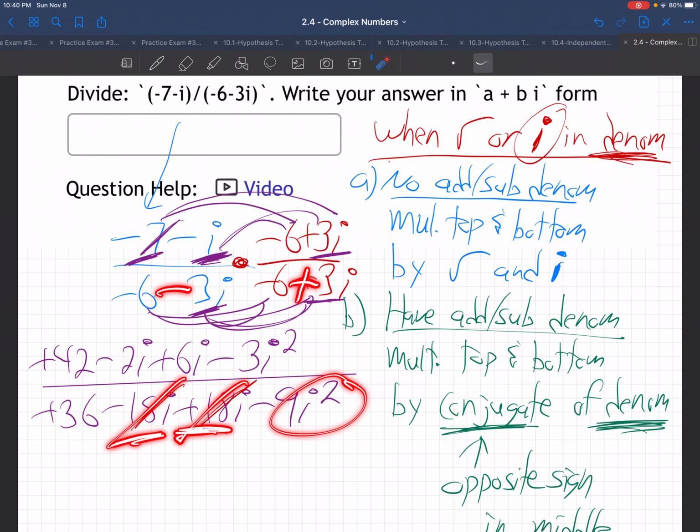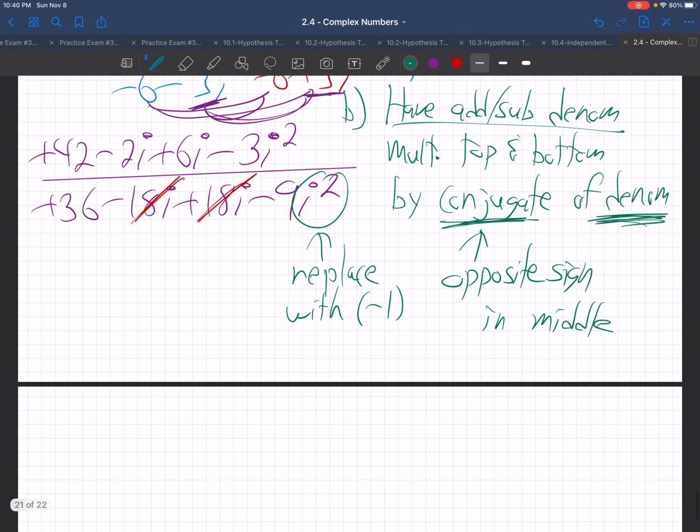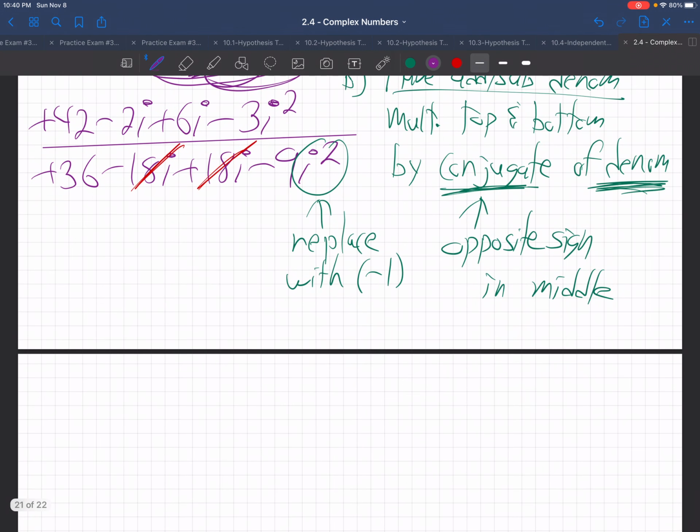You might say, well, yeah, but what about that guy? That guy, he's an i squared. Those guys go away on their own, remember? i squared, we replace with negative 1. So let me bring it down here. So this becomes then, on the top, oh, and then this one also. Both of those guys we replace with negative 1.